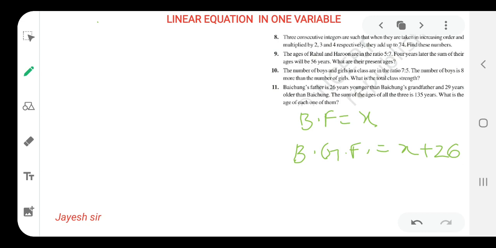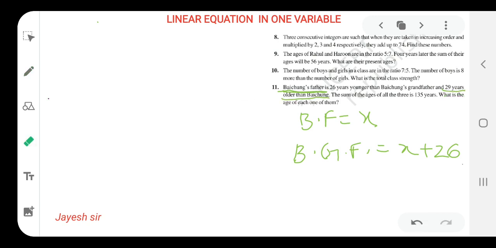Now, how do we have to read Baichung's father and 29 years older than Baichung? Here we have to read it like that, because "and" means they are relating it with Baichung's father only, not the grandfather. Baichung's father is 29 years older than Baichung.